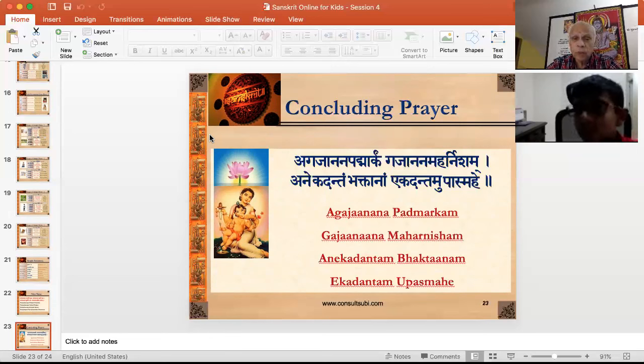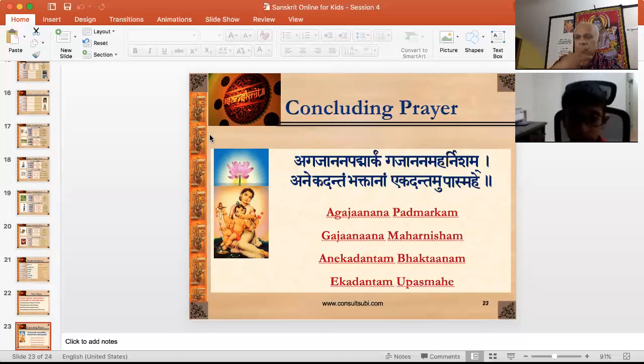Now, I chose this prayer because it's very beautifully rhyming. Agajanana Padmarkam Gajanana Maharnisham, Anekadantam Bhaktanam Ekadantam Upasmahe. It's a very nice meaning.